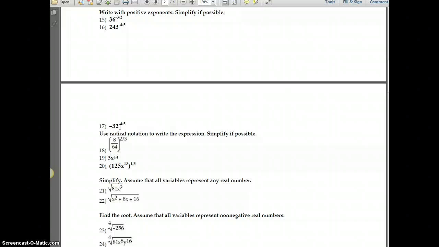Make sure that you know the quotient rules, the product rules, and the power rules dealing with exponents.